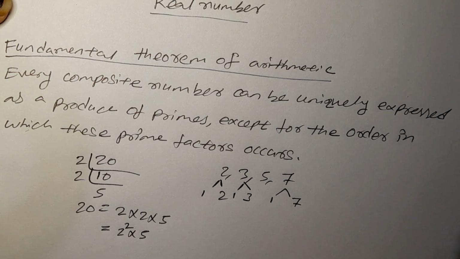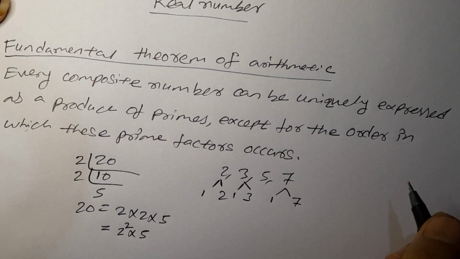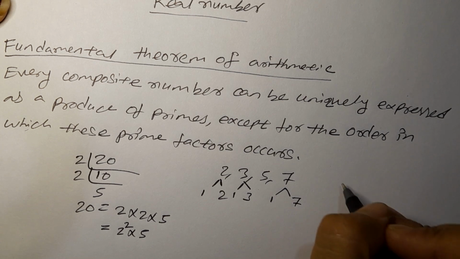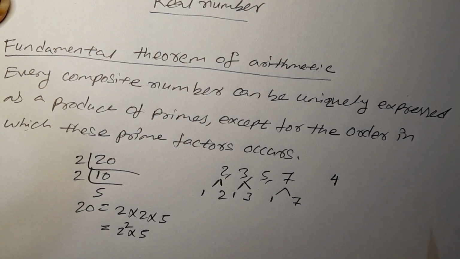And what is a composite number? A composite number is a number which has more than 2 factors. The first composite number is 4. So let's take the factors of 4, meaning by what numbers 4 is divisible.